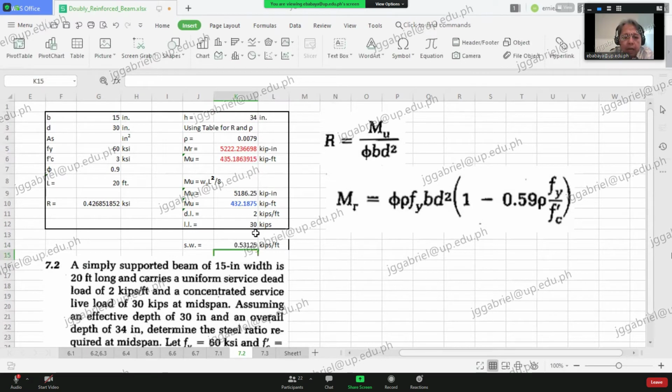Okay, that's how this 0.53125 was obtained. So this is called out here in MU.